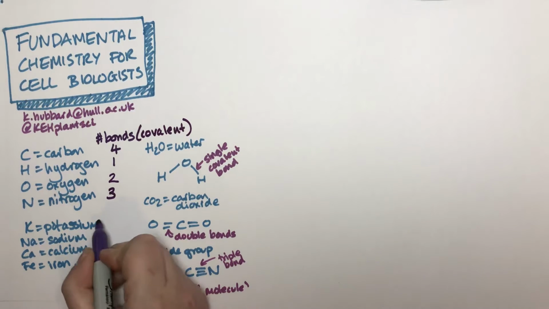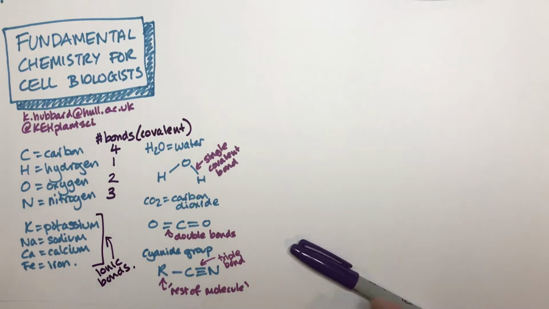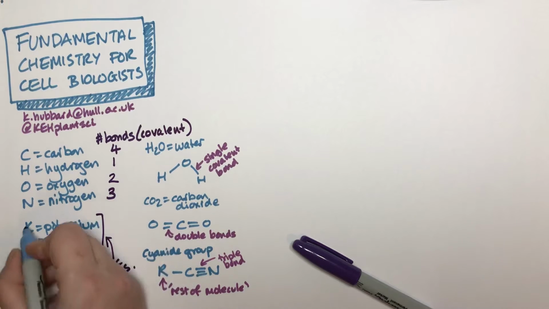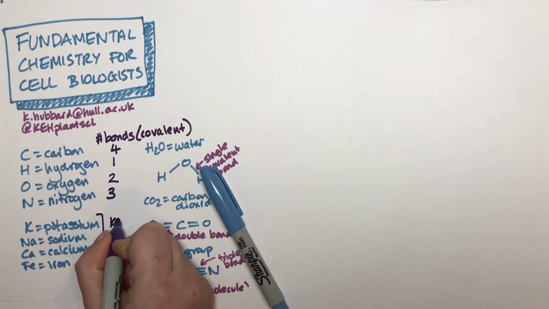These guys down here, they don't tend to form bonds in the same way. They tend to form ionic bonds, because they tend to have a positive charge on them. So in fact, all of these, K as an ion will be K plus.